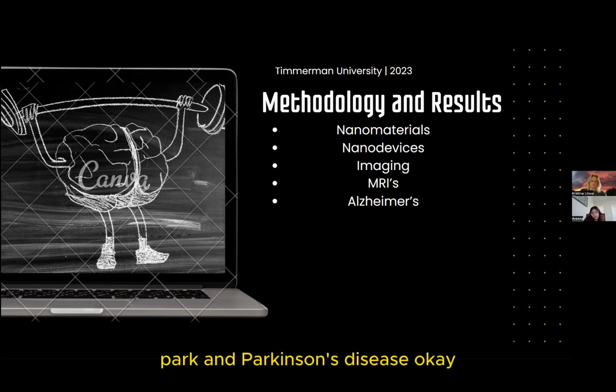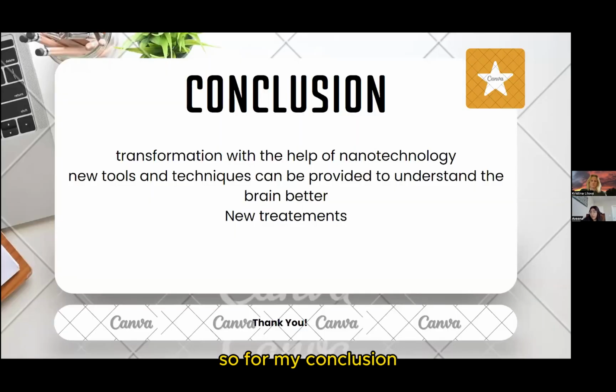So for my conclusion, the field of nanoscience has the potential to undergo a revolutionary transformation with the help of nanotechnology. As I previously mentioned, at the nanoscale, there are new tools and techniques which can be provided to understand the brain better. And nanotechnology is currently being applied in two significant areas in neuroscience.